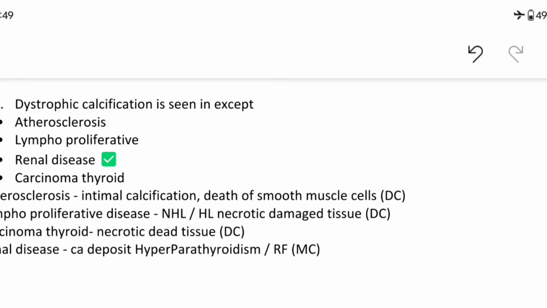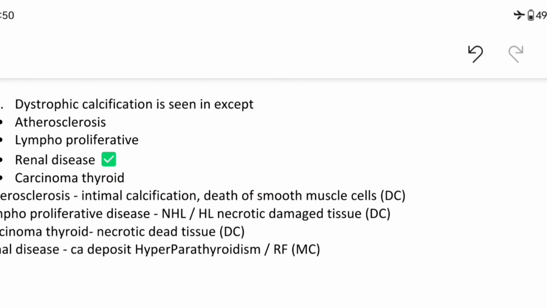In renal disease, calcium is getting deposited by virtue of hyperparathyroidism that is induced secondarily in renal failure. Hence the calcium deposition in the kidneys in renal disease is by virtue of hyperparathyroidism.